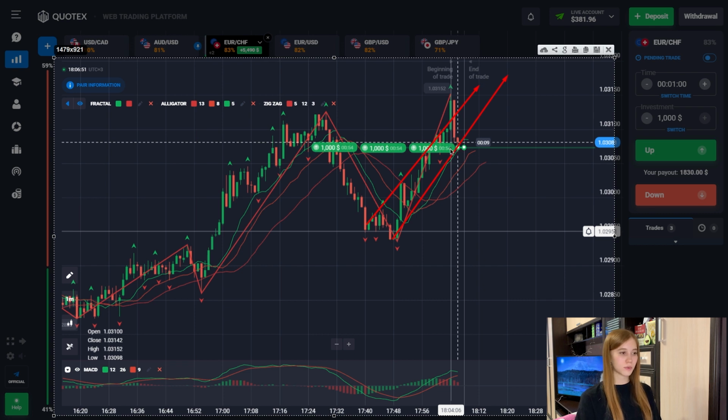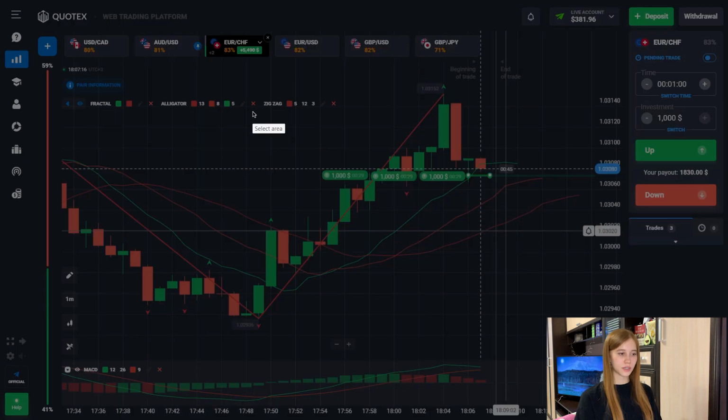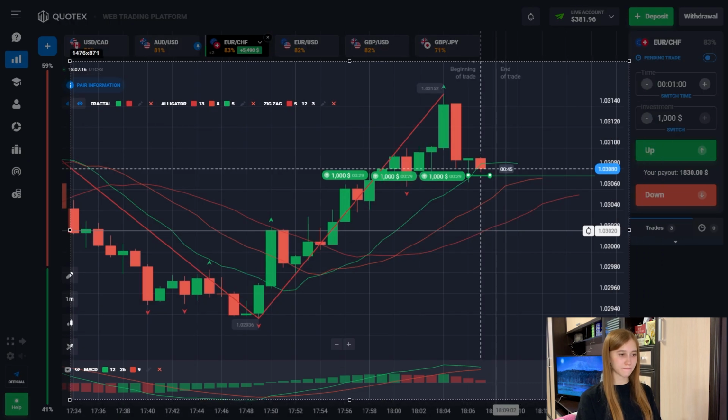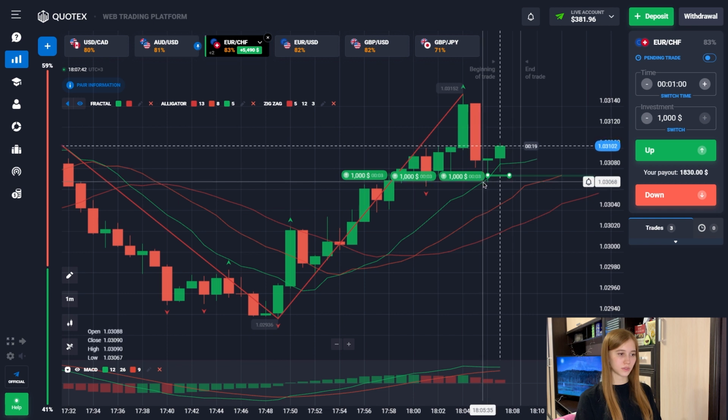We see that the candle was red at first, and it recovers very sharply. And we had a divergence here, and at the same time the price was growing.